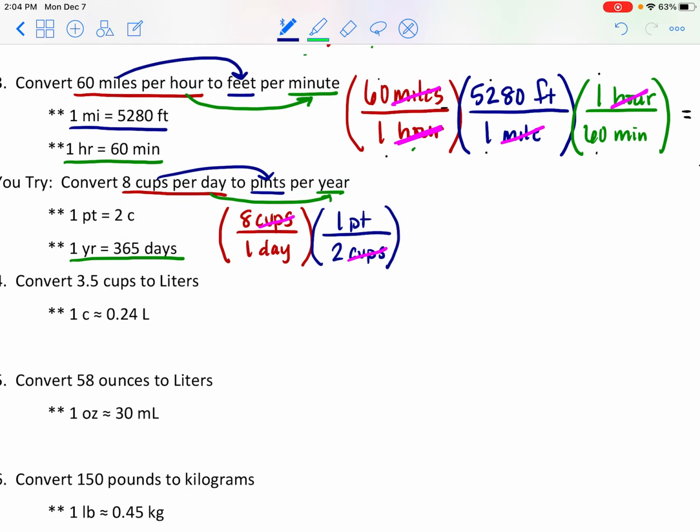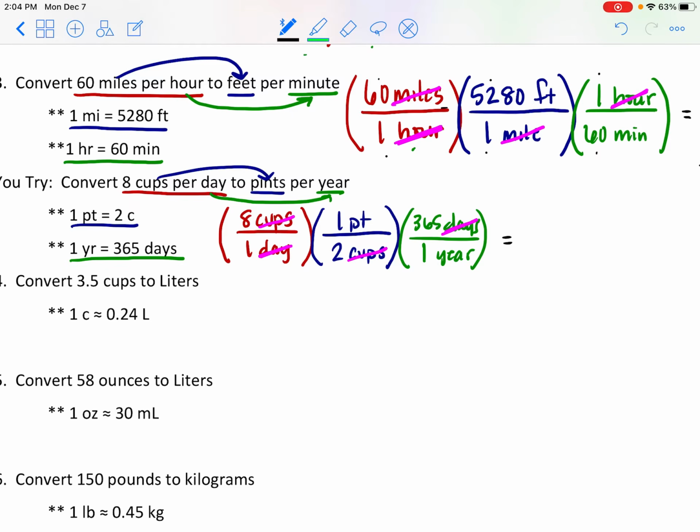I forgot to put this here. So I have to do 365 days on the top and then 1 year on the bottom. Again, because I want to be able to get rid of days. Since days start on the bottom, it's got to go on the top for those units to cancel.